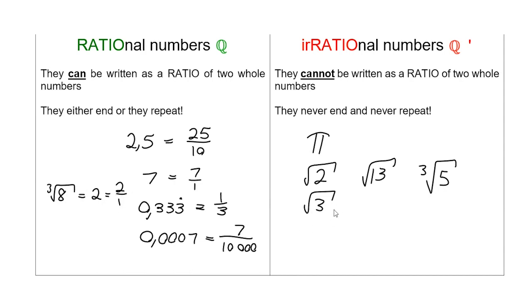These numbers never end, they never repeat, and you cannot write them as a ratio of two whole numbers. They, interestingly, are just as common as the rational numbers. The symbol for them is a Q with a little dash on. The symbol for the rational number is just a Q.